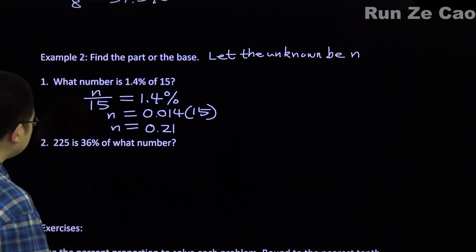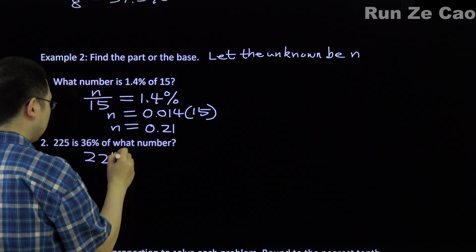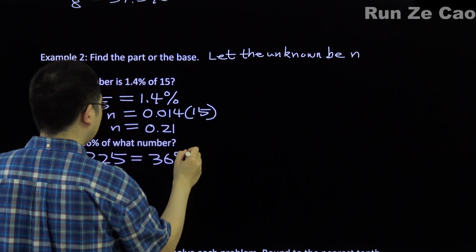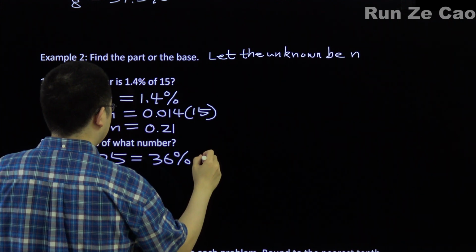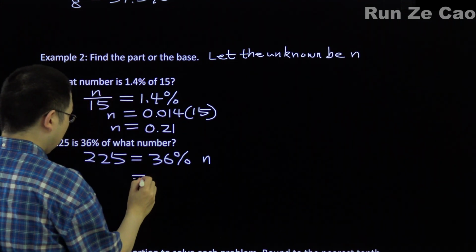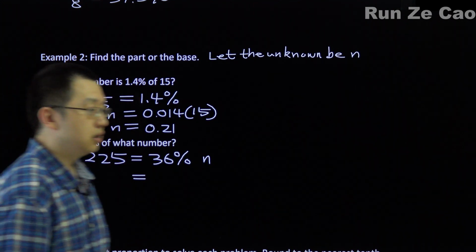225 is 36% of what number? We literally got told 225 is equal to 36% of an unknown number n. As you can see, we didn't actually need to write out the percent proportion.